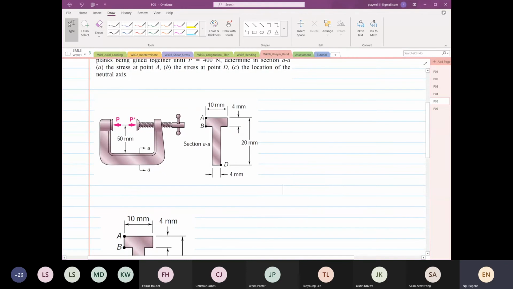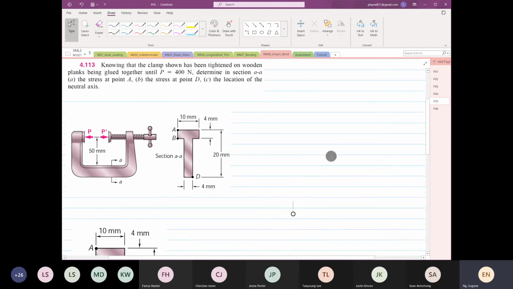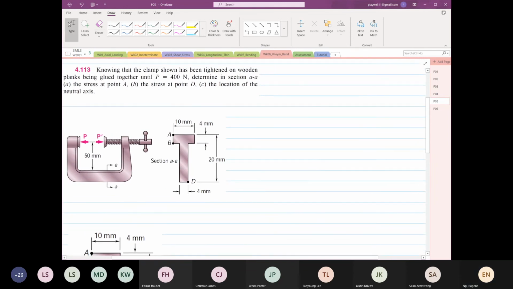If we were to look at section AA, so if we cut this structure into two, and at this point is our AA, and you have a P over here, and you know the distance from here to here is your D, but we don't know where our E is here.